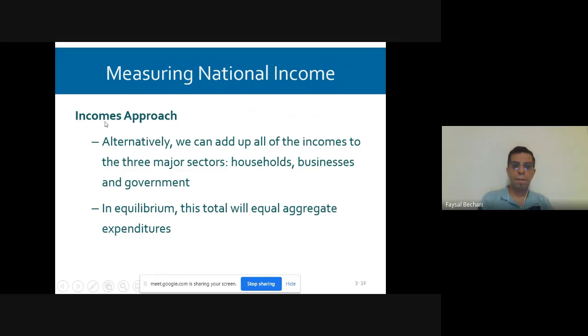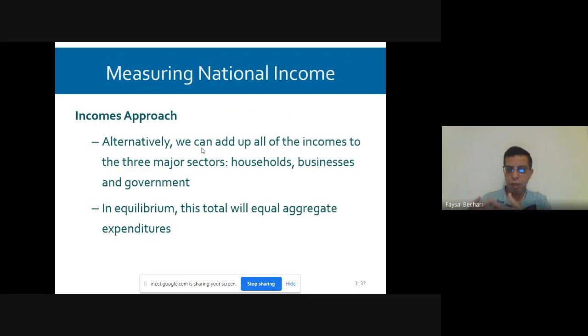Now, measuring the national income, alternatively, we can add up all the incomes of the three major sectors: the household, the business, and the government. So these are the three sectors available. We can measure this income in the equilibrium.